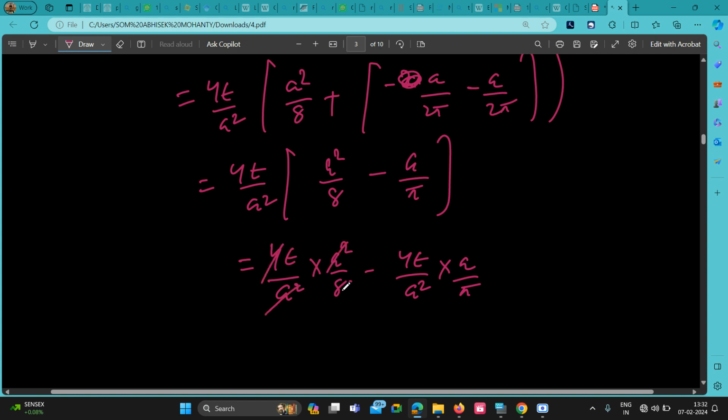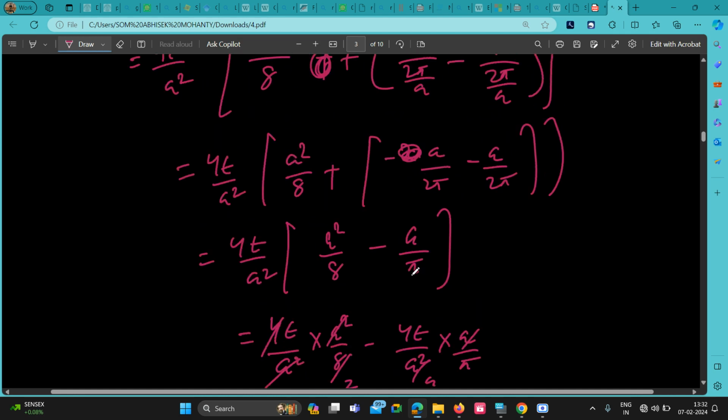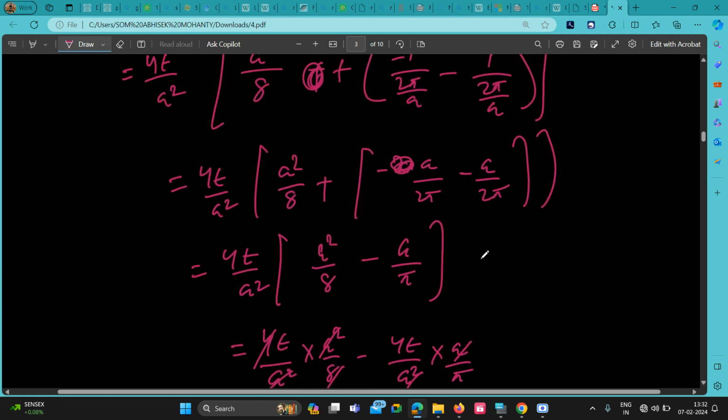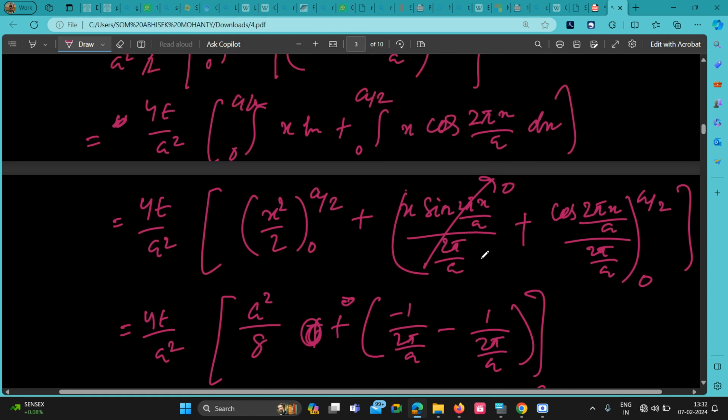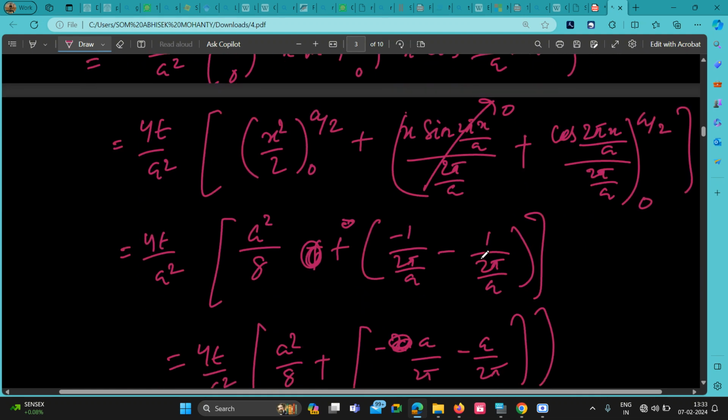A square cancels out. This is 2 epsilon by 2 minus 4 epsilon by a pi. Okay, is that right? This will be the answer, right?